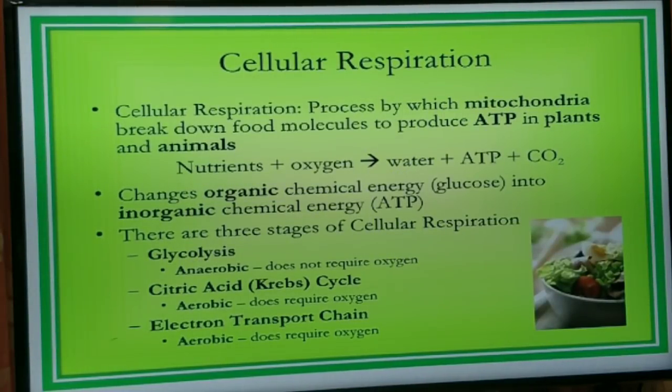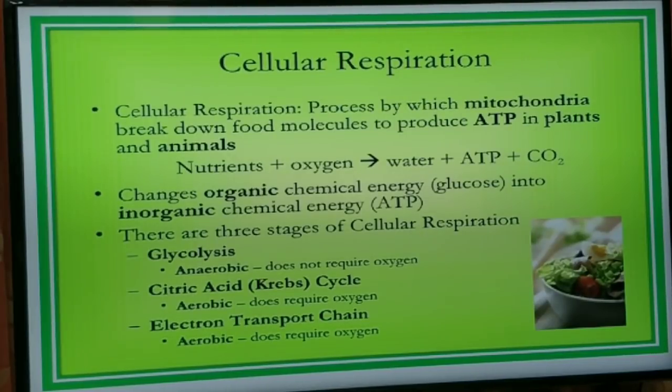Cellular respiration is the process by which mitochondria break down food molecules to produce ATP in plants and animals. This means that cellular respiration is taking place inside the cells, but where, in which organelle?